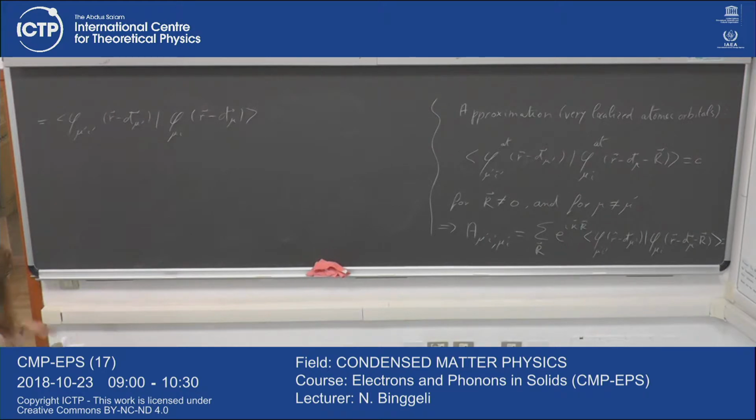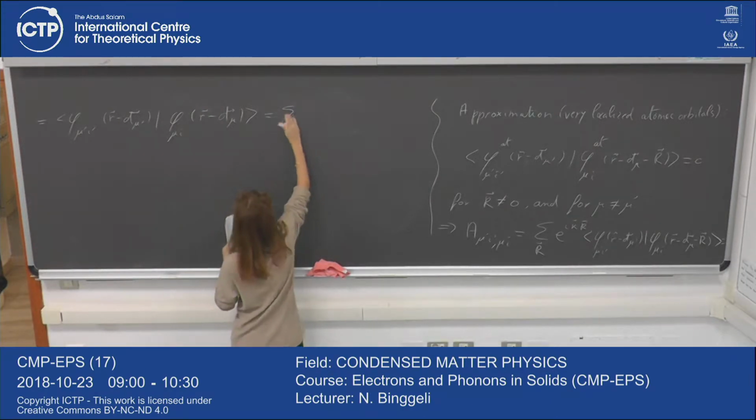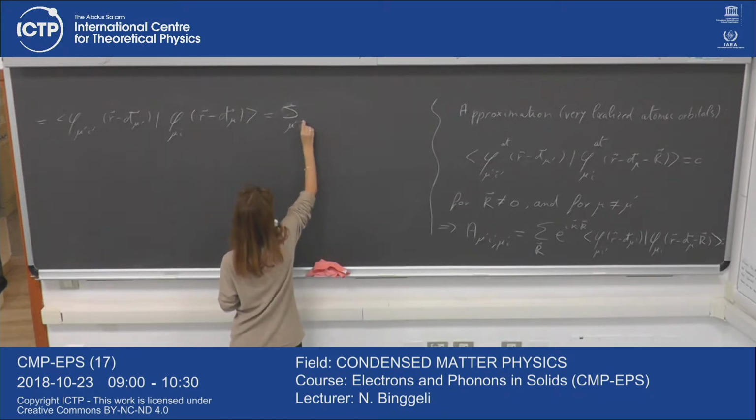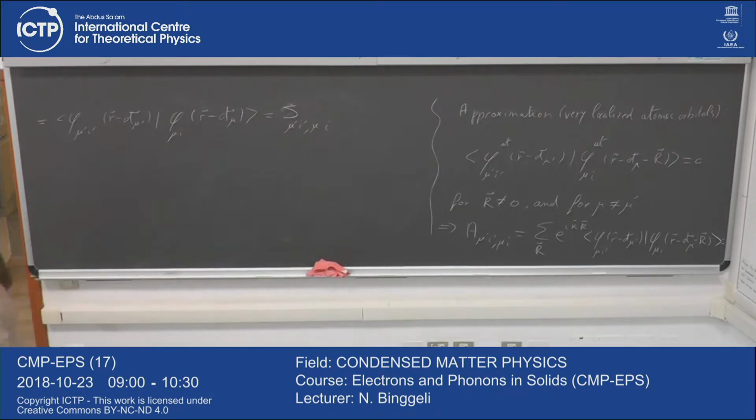And in addition, when mu prime is equal to mu, since the atomic orbitals on the same atom are orthogonal, we have just delta mu prime I prime mu I. The only case when it's not 0 is when it's centered on the same atom, and the atomic orbital is the same. Okay?